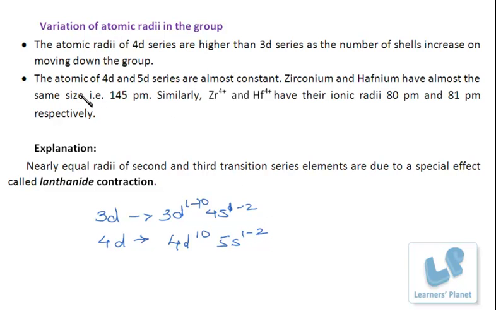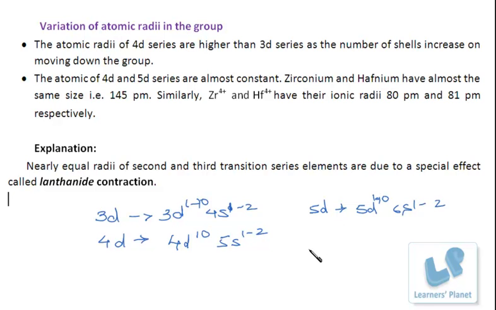But the atomic radii of the 4d and 5d series are almost constant. What will be the configuration of elements of the 5d series? It will be 5d 1 to 10 and 6s 1 to 2. Why is it constant?